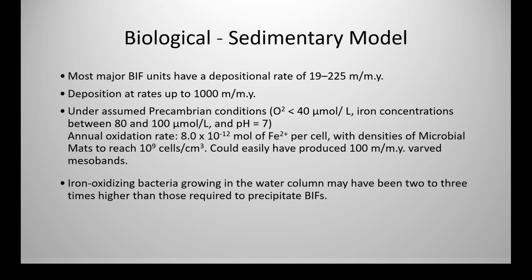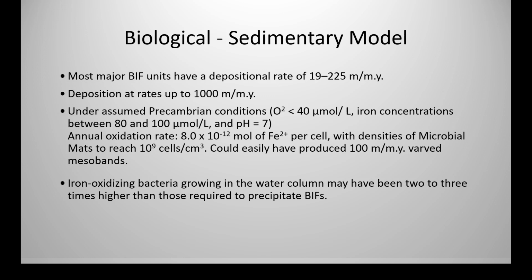So therefore, we want to first determine if it is physically possible for both anoxygenic and oxygenic photosynthetic organisms to produce these large ferric and ferrous iron deposits. Using different conditions like free oxygen in the water, iron concentrations, and pH levels, we can determine how many moles of ferrous iron or ferric iron can be produced per cell.